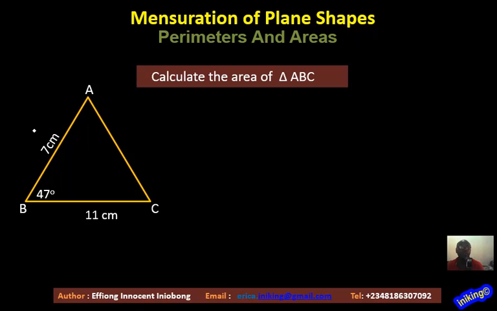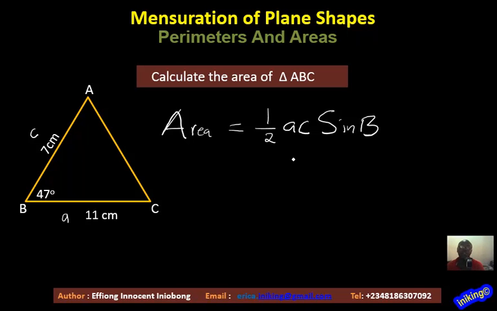Side AB will be labeled small c, since it's facing angle C, and side BC will be labeled small a, since it's facing angle A. Therefore, the area of my triangle in this case will be half AC, those are the two sides that are provided, and then the sine of the angle in between the two of them, which is sine of B, and that is 47.